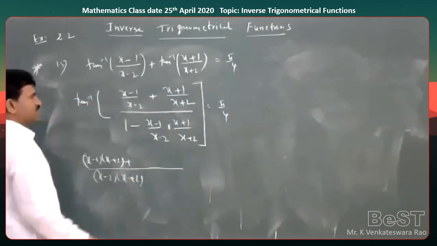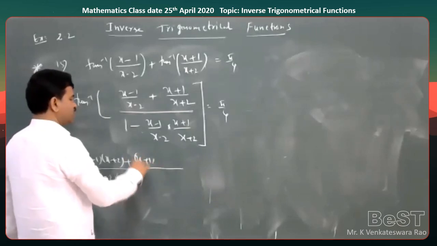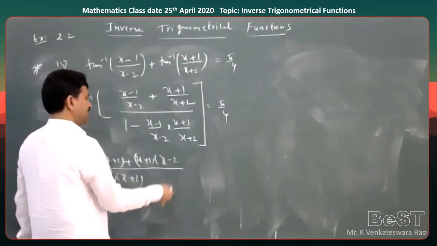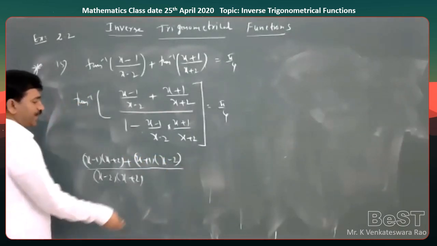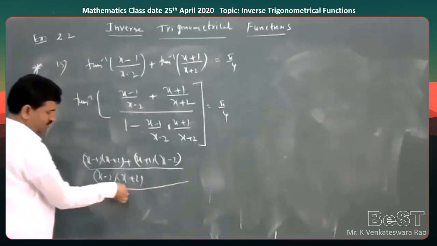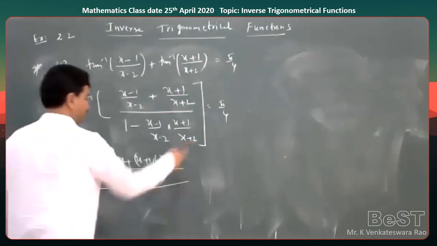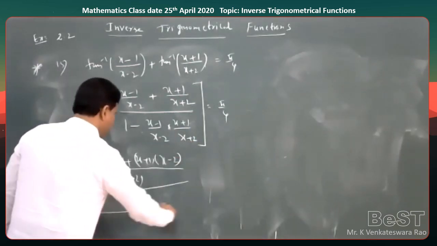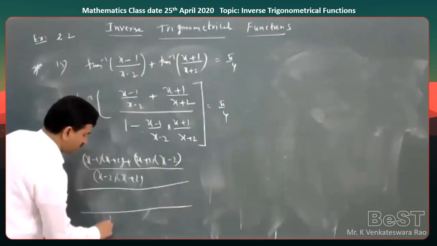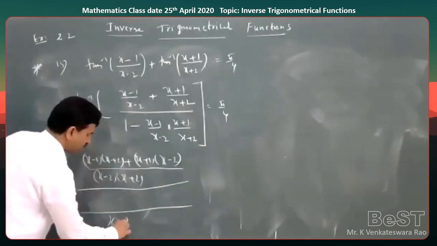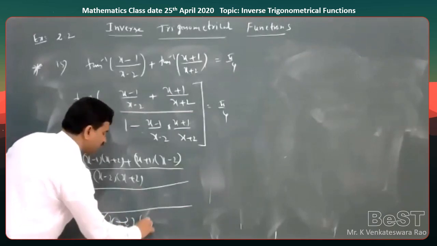X minus 2 times. So x plus 1 into x minus 2. This is only the numerator completed. Denominator LCM, once again, x minus 2 into x plus 2.